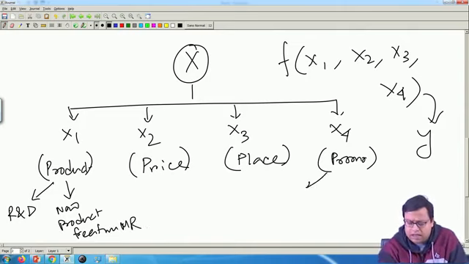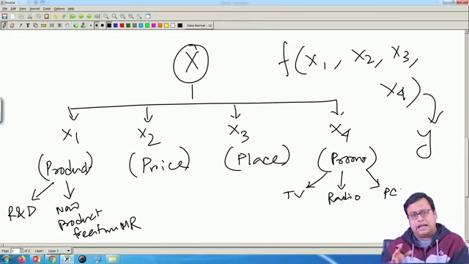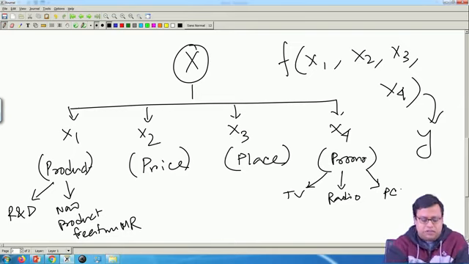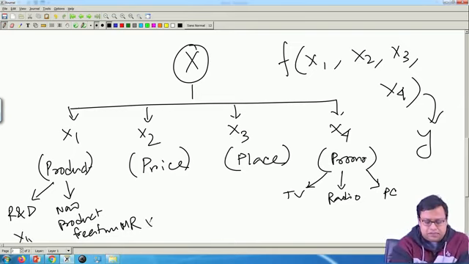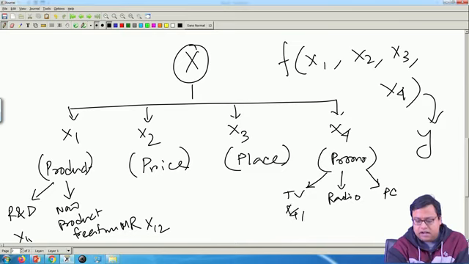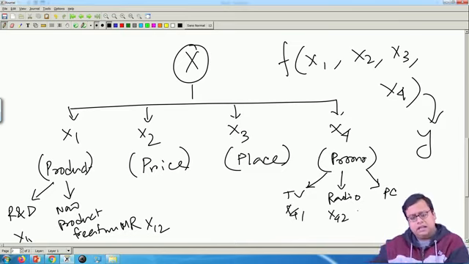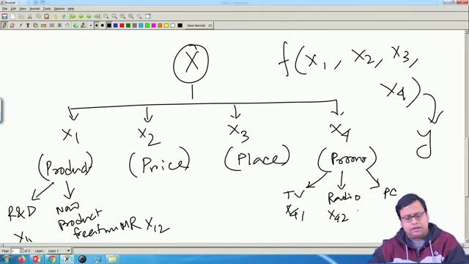Similarly, in promotion, I can do a TV ad, I can do a radio ad, I can do personal communication. All of these combinations exist. So, it is not exactly X1, X2, X3, X4, it will be X11, X12, X41, X42 and so on. You can break it down as much as possible, and this is a problem that you might try to derive, depending on what kind of problem you are facing.